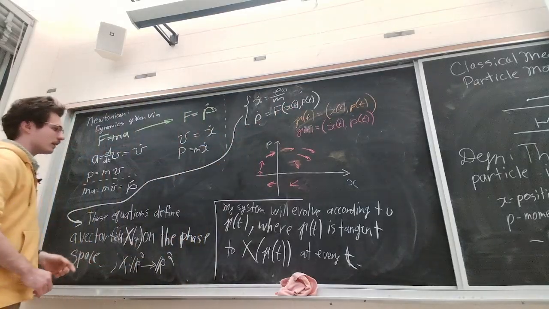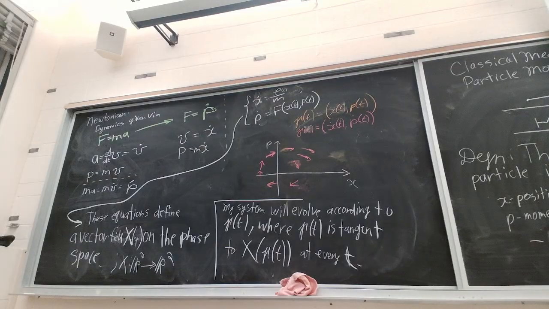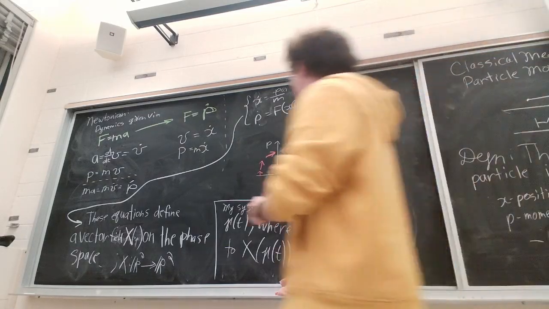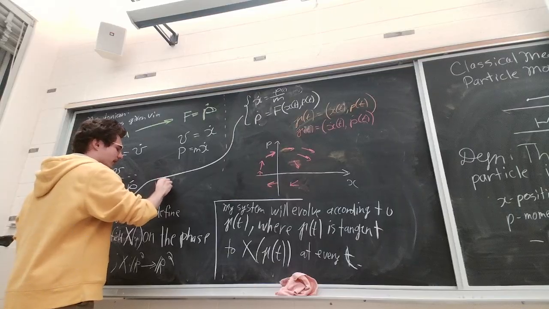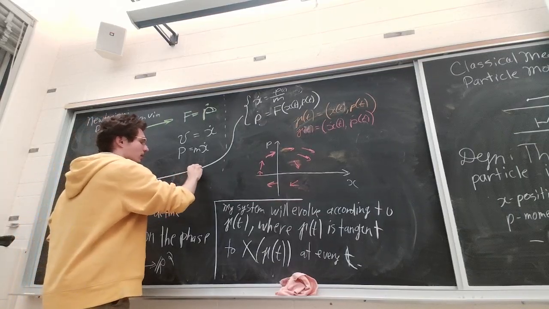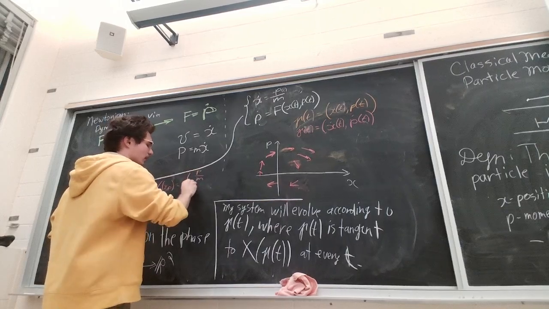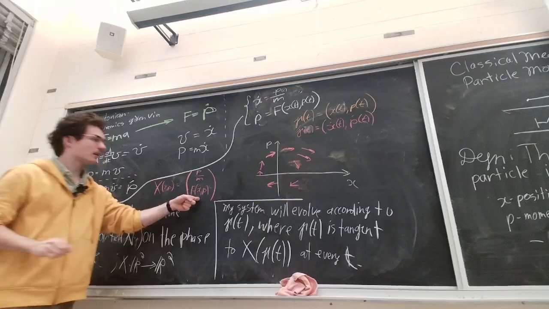And so this vector field, sorry, I should have written a definition for it. I'm going to write a definition for it now. This vector field that this system defines is the vector field X of x comma p, equal to p over m, f of x comma p. So this is the vector field, right?